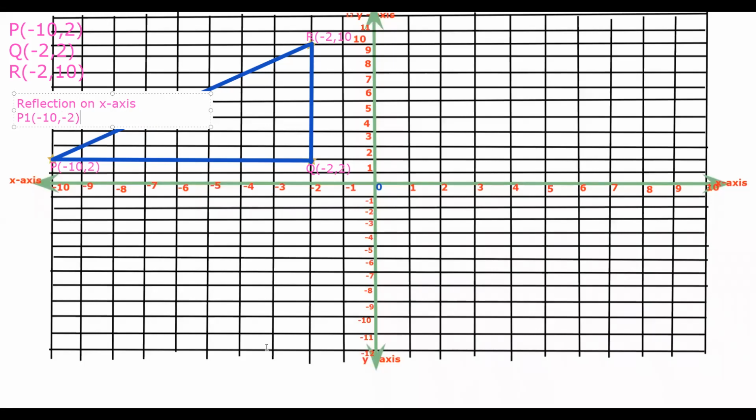And that will be negative 10 and negative 2. Then Q1 here is also reflected on the x-axis, which means you are not going to change anything about the x coordinate. So you write the same negative 2 over there, and therefore the y coordinate will suffer with what? The minus sign.